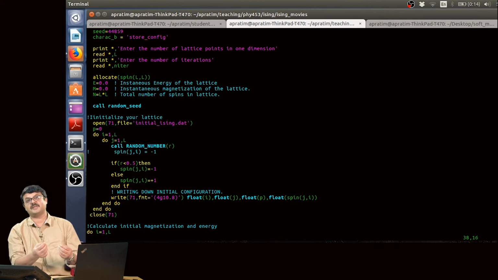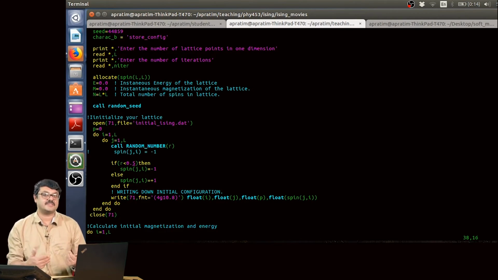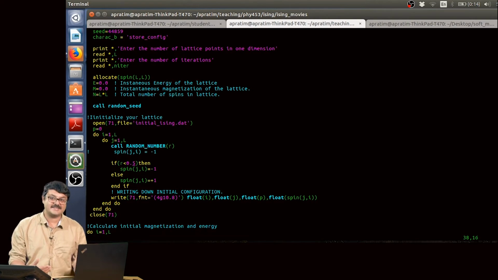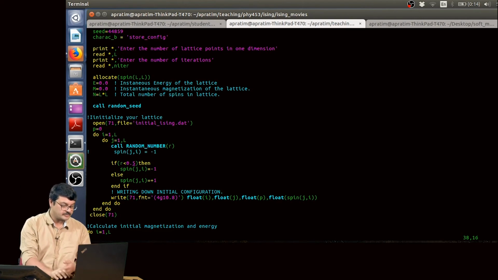I am using a uniform random number generator, which means that the random number generator will have a uniform probability of generating any value between 0 and 1, right. So, 50% of the time the random number will be less than half, and if you generate another random number, the probability that its value will be greater than 0.5 is again half.